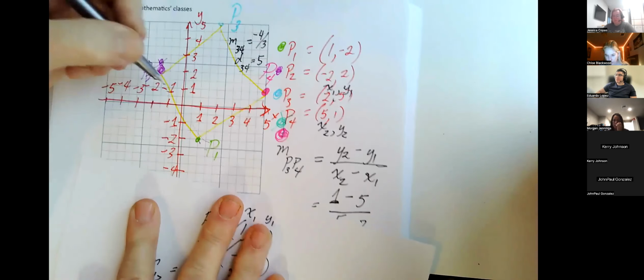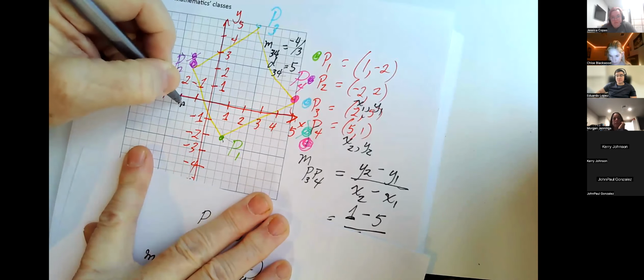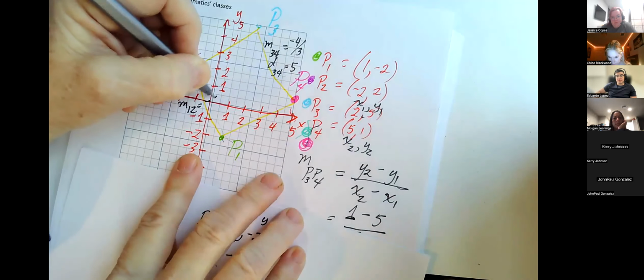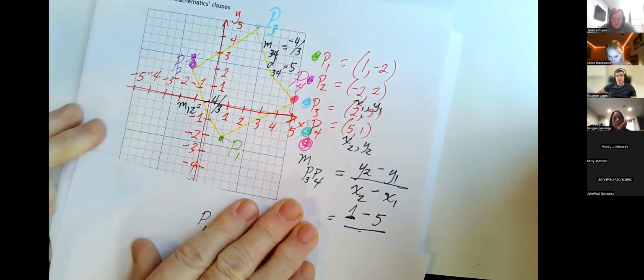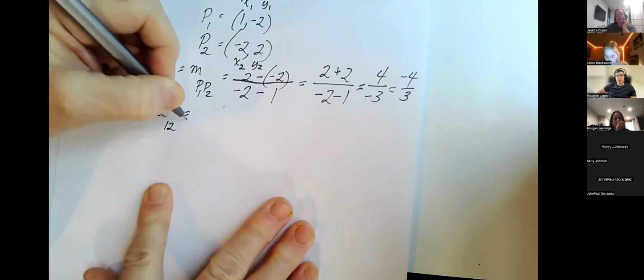Okay, that's lovely. So we have our first confirmation that this might be a square. We have that the slope between P1 and P2 is the same as the opposite side, negative 4 over 3. We also need all of the sides to be the same length. So let's see, the distance between P1 and P2.